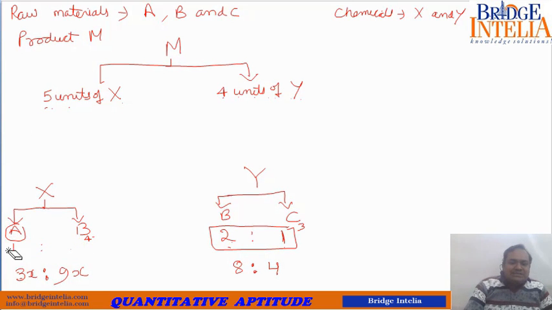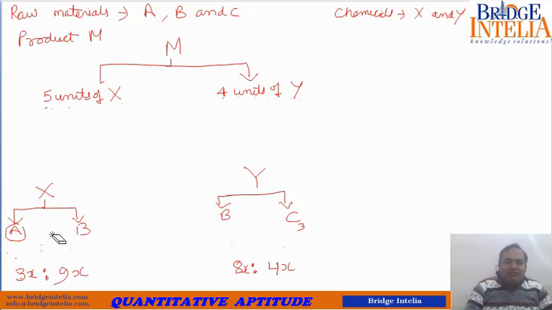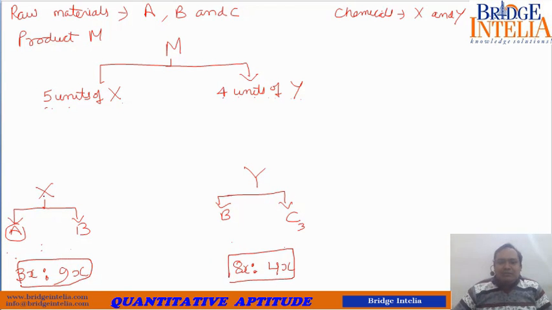As per the given ratio, we can assume that we are mixing 3x grams of A with 9x grams of B. Similarly, 8x grams of B with 4x grams of C. So this way you get 1 unit of X and 1 unit of Y, both have to be equal in weight. So that's why we made this equal. So 12 and 12.